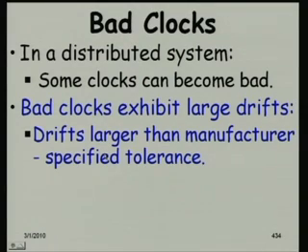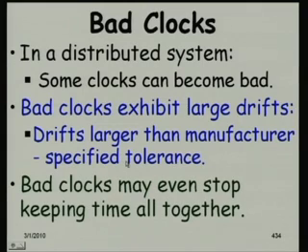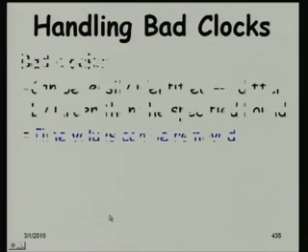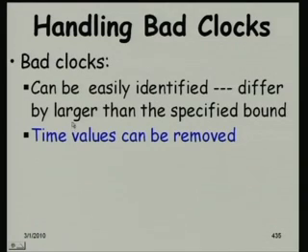If a clock drifts larger than the manufacturer-specified tolerance, then the time values can be ignored. The bad clocks may even stop keeping the time altogether, they might not transmit the time, it does not matter. So, handling bad clocks is easy, they can be easily identified because they differ by large values and the time values can be removed easily.